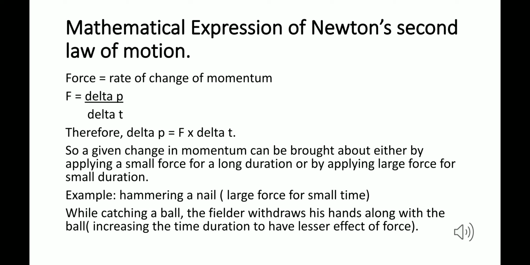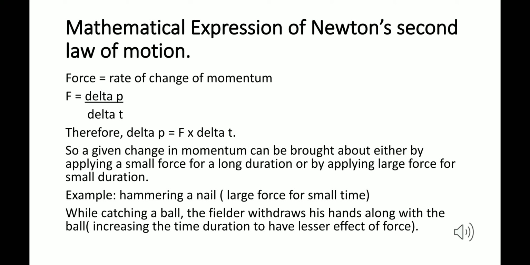To have this increase, either you have a small force for a long duration, or a greater force for a small duration. This holds for a given change in momentum, whether it is an increase or a decrease. So a given change in momentum can be brought about either by applying a small force for a long time or applying a large force for a small time.